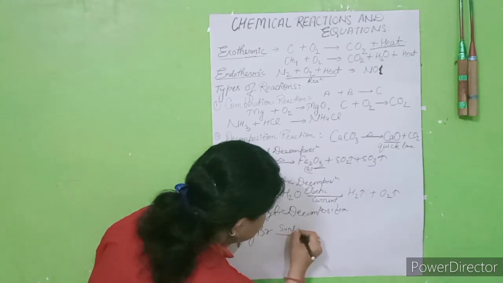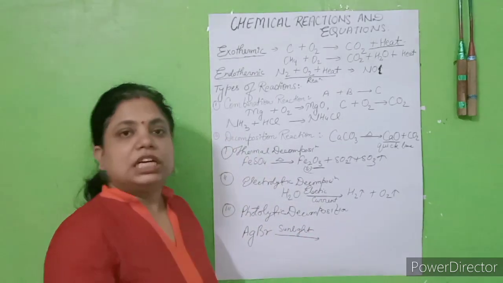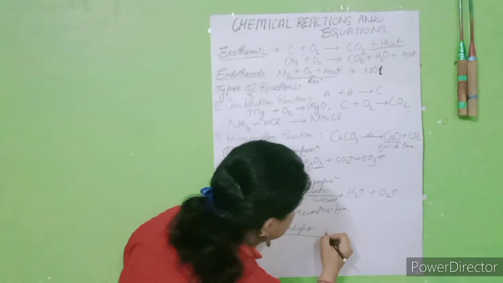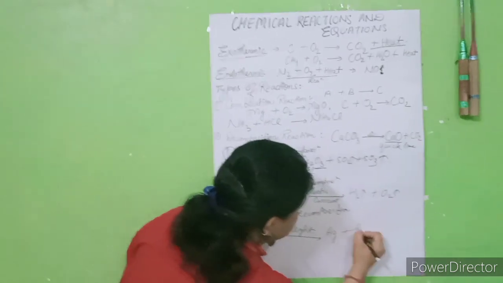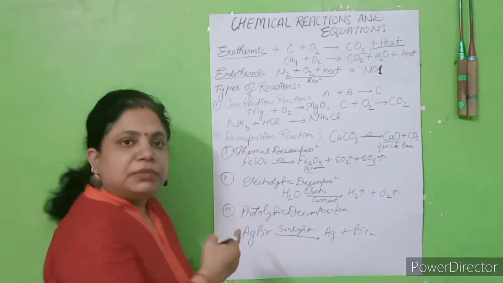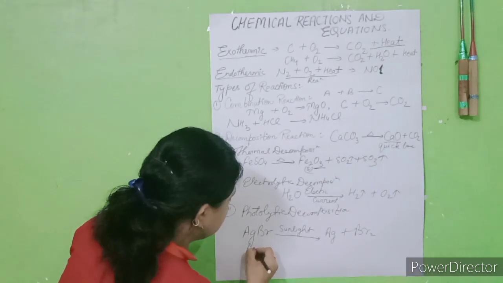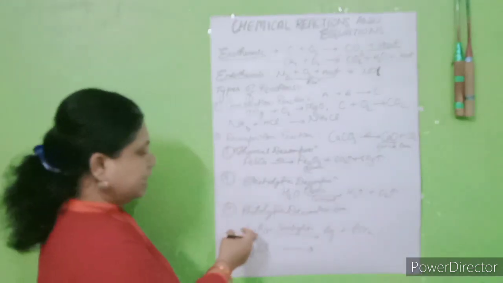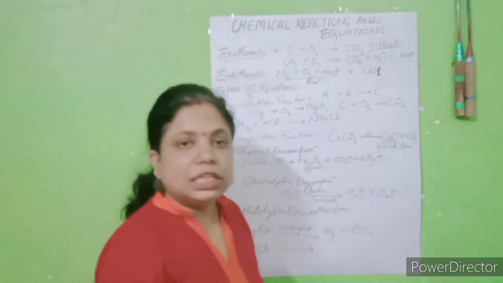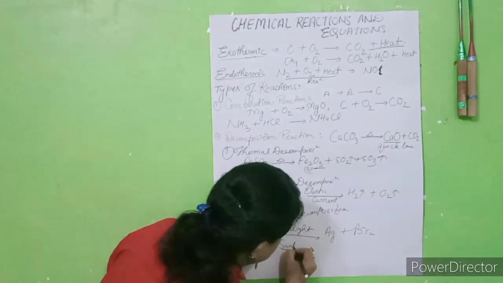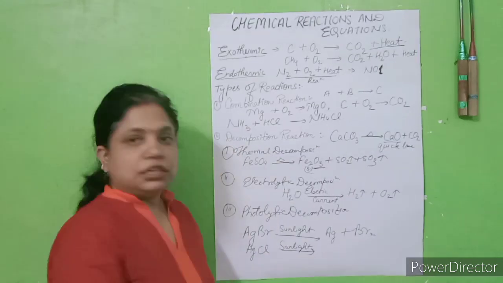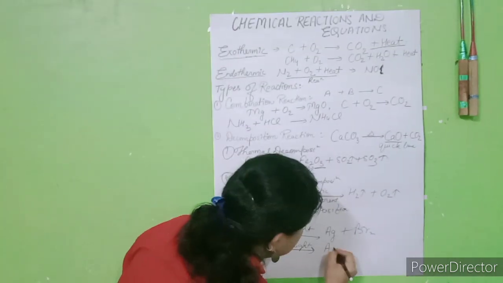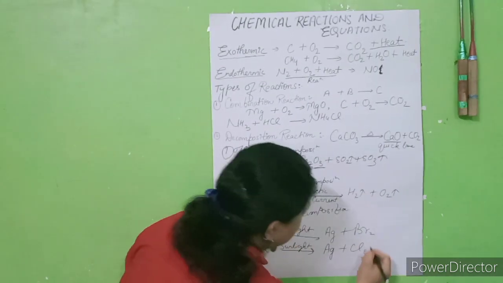In sunlight it decomposes and forms silver plus bromine gas. In place of silver bromide, we can use silver chloride also, which was firstly white in color, and silver bromide was firstly pale yellow in color. In sunlight it decomposes and forms silver and chlorine gas.